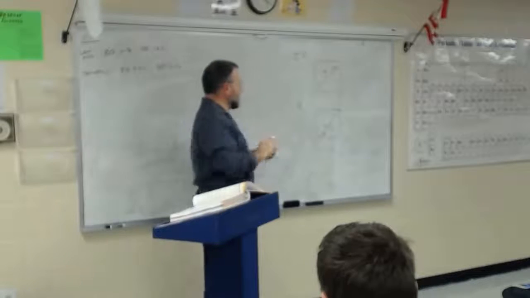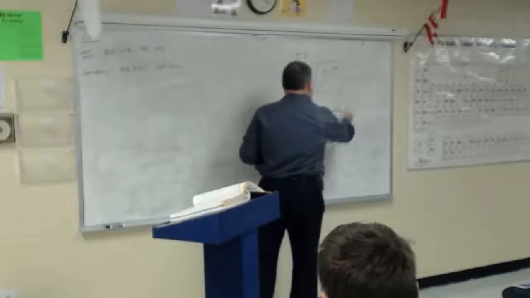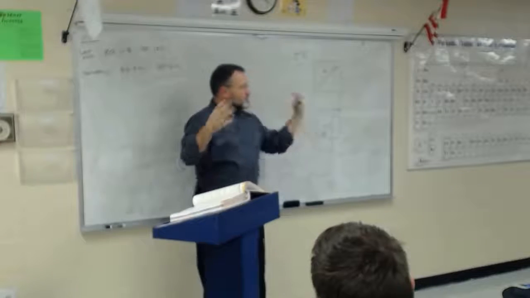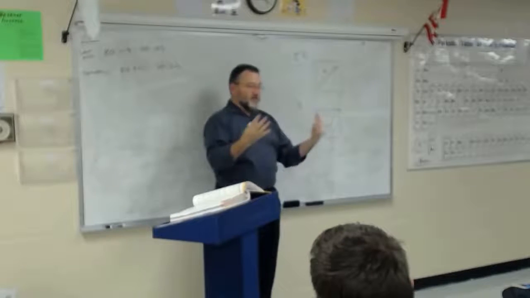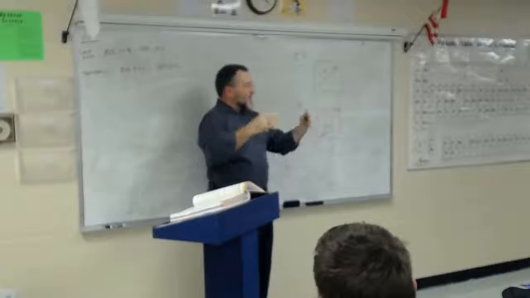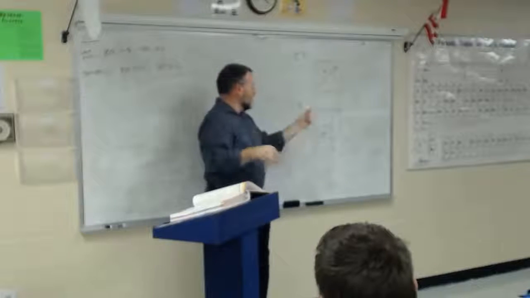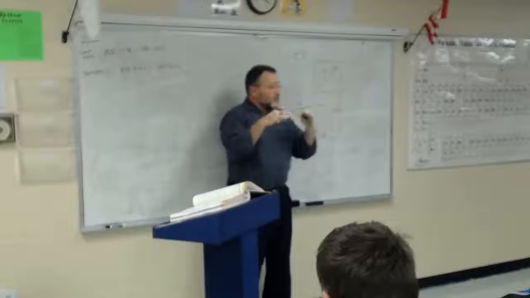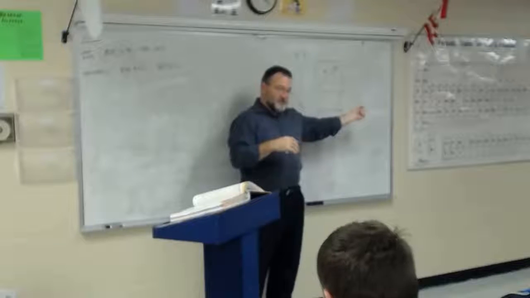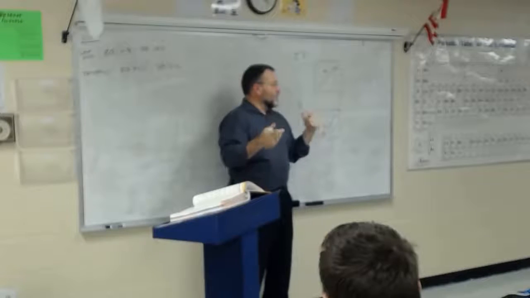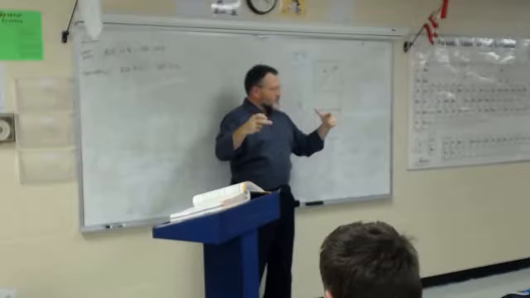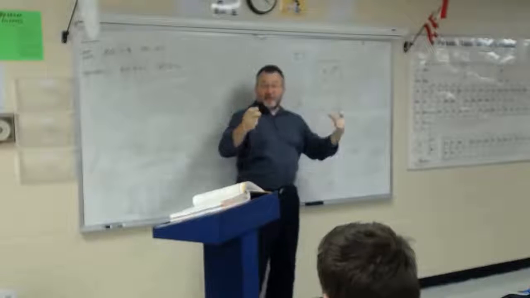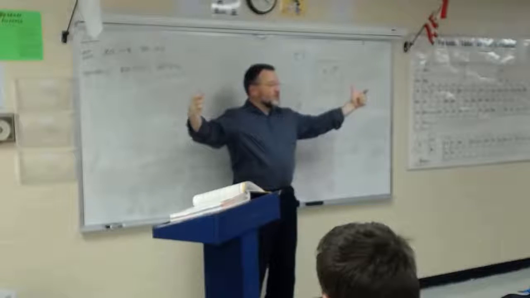But at the same time, as we move from left to right, even though we're adding electrons to the atom as we build it using the electron configuration, we're also adding protons. And the electrons are not going into new orbitals, they're going into orbitals that have already been established. So you're adding electrons, but you're not increasing energy levels.